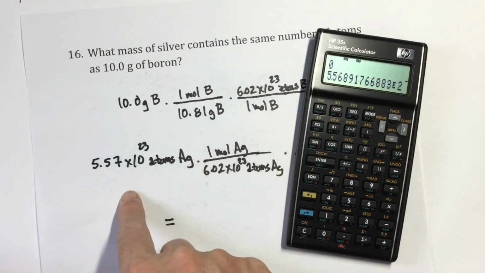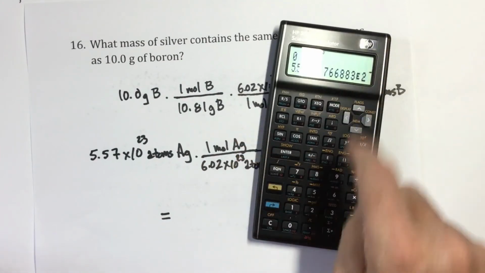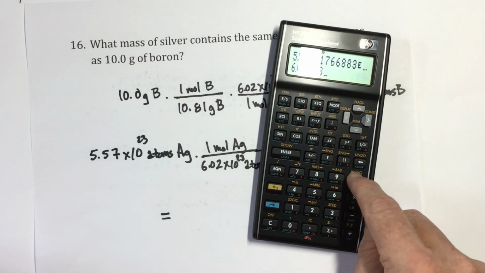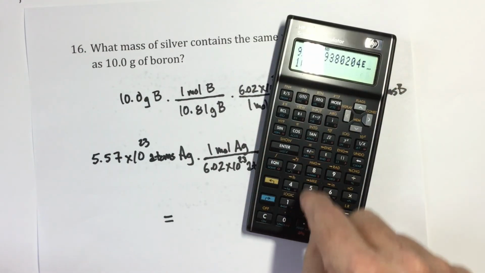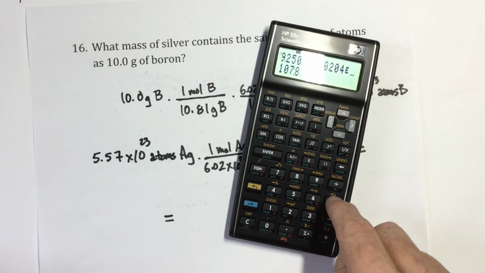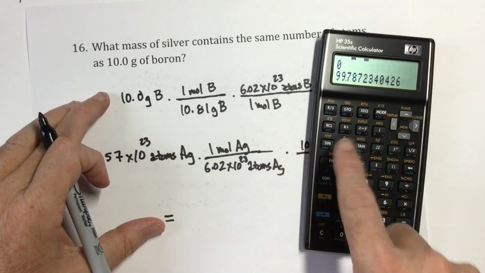So I'm going to use this number I've already got plugged in here. It's right there. And I'm going to take 6.02 times 10 to the 23rd, divide that, and 107.87 times. Okay, I should have 3 significant figures.